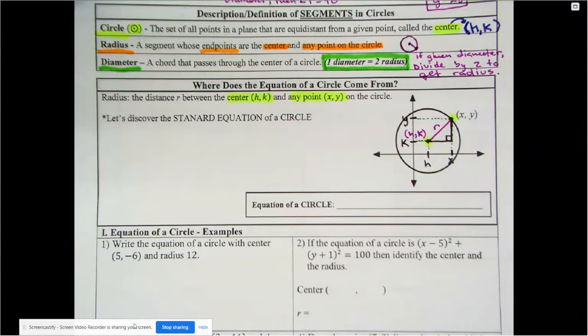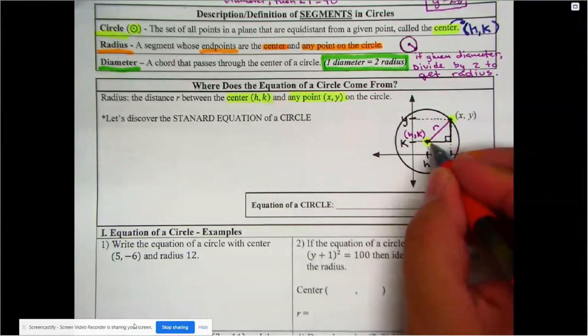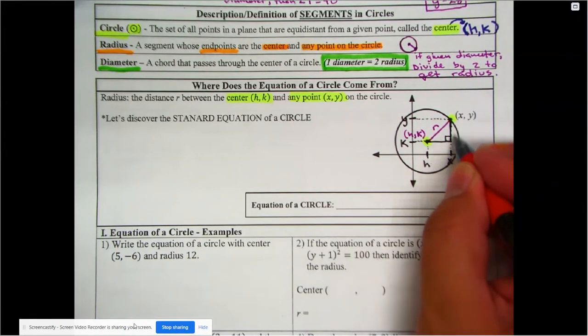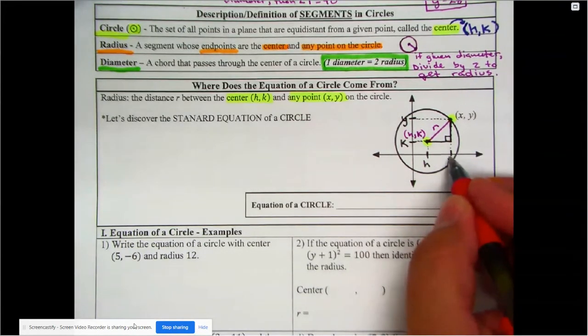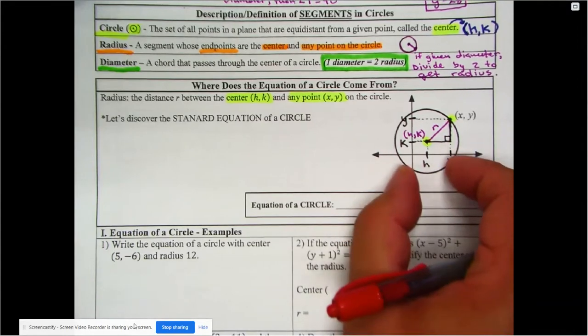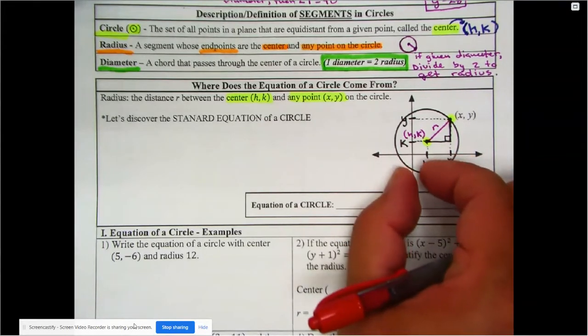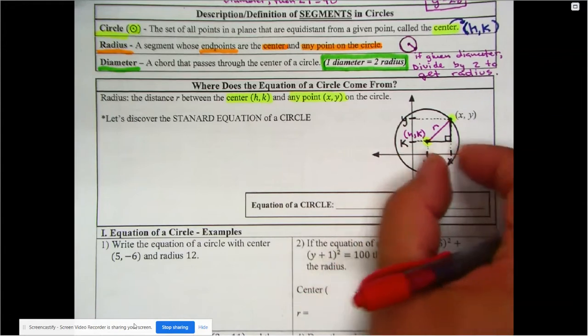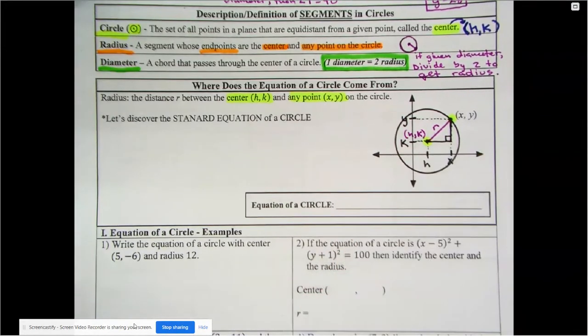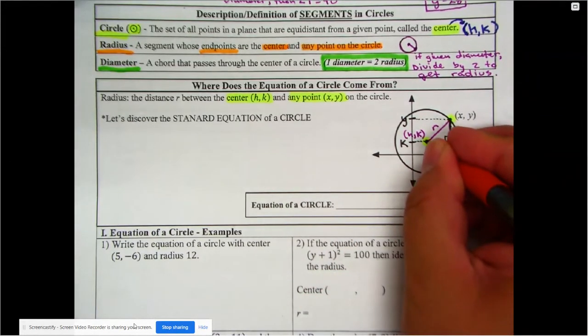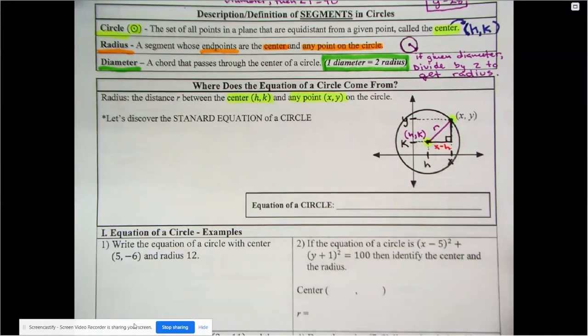The equation of a circle is based off of a right triangle. And if we think about it a little bit more, all I need is this distance and this one. Well, if I know what x is, there's the distance for x. All I have to do is subtract the distance for h, right? Little plus little equals big. Well, I can also subtract for it. So this distance is x minus whatever h is.